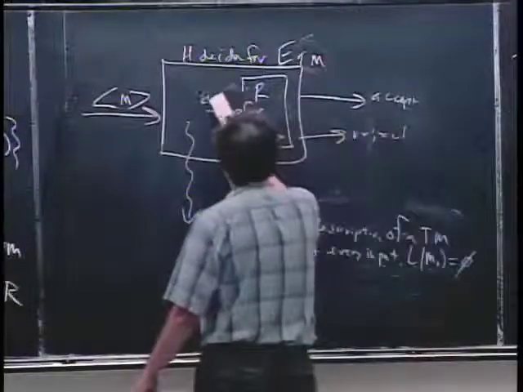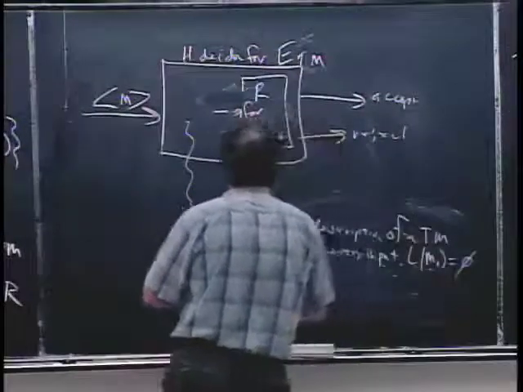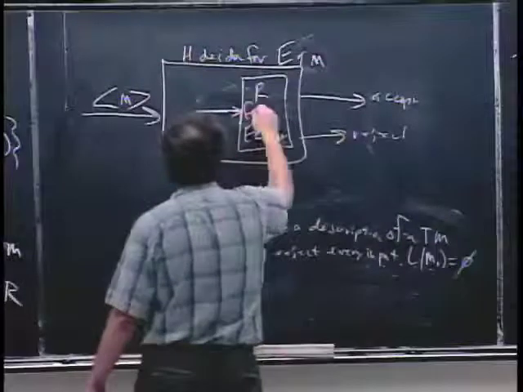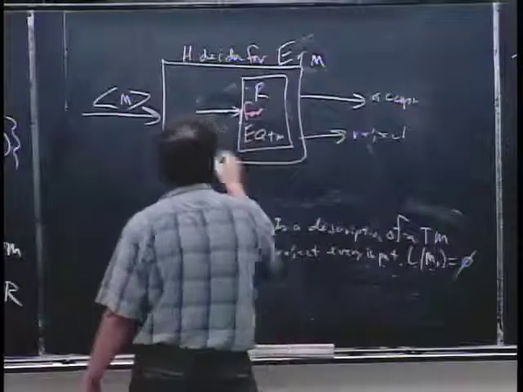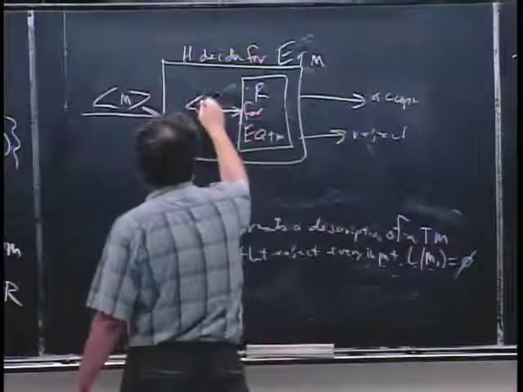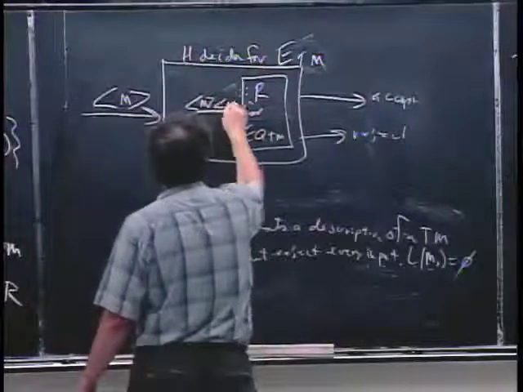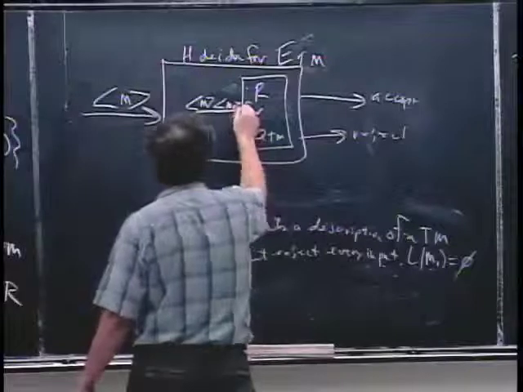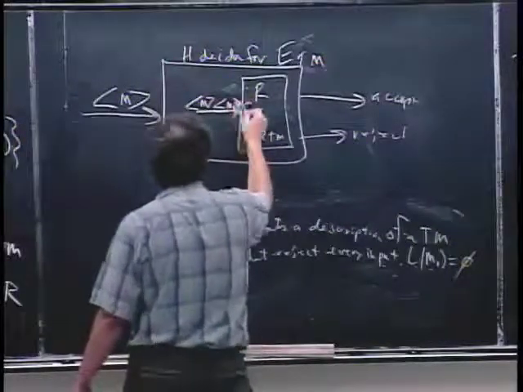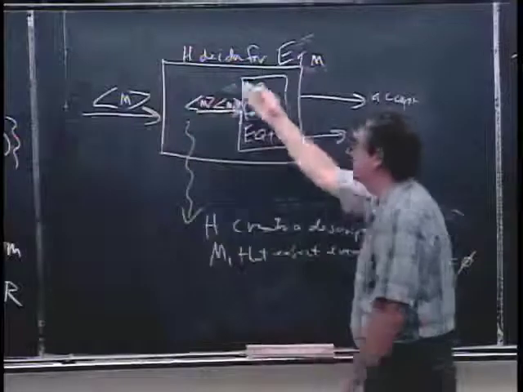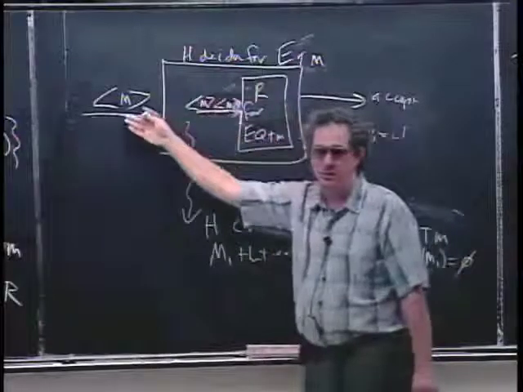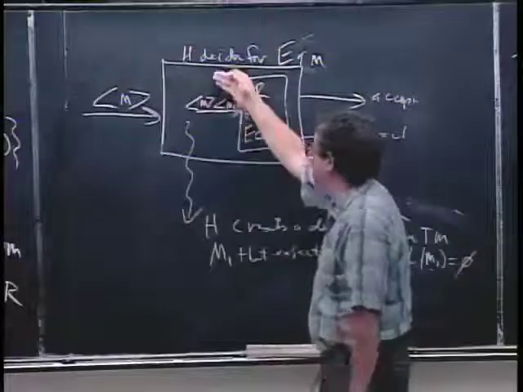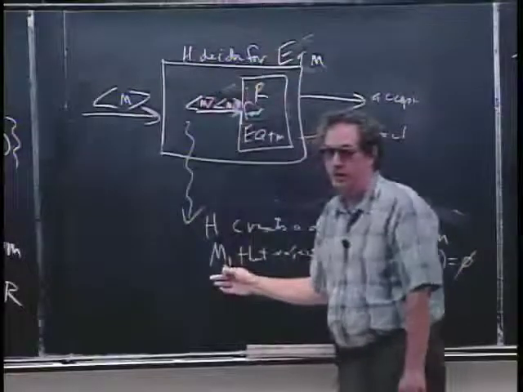So, yeah, what gets fed into this oracle R, this Turing machine R, is going to be M and M1. Well, certainly Turing machine H can create a description of M because the input is a description of M. And Turing machine H can create this M1, we just argued that.